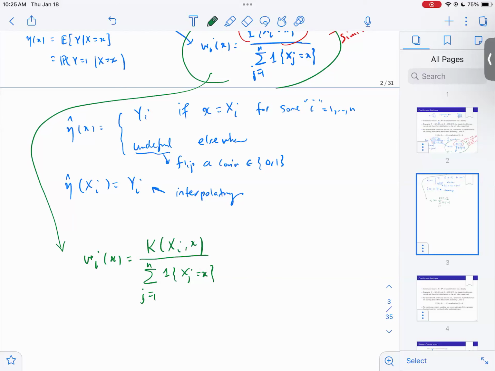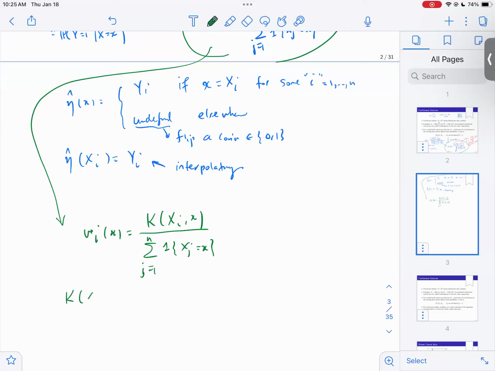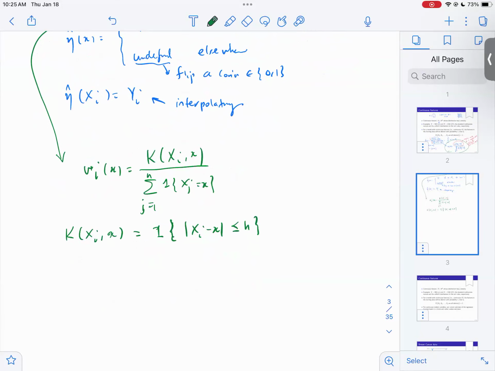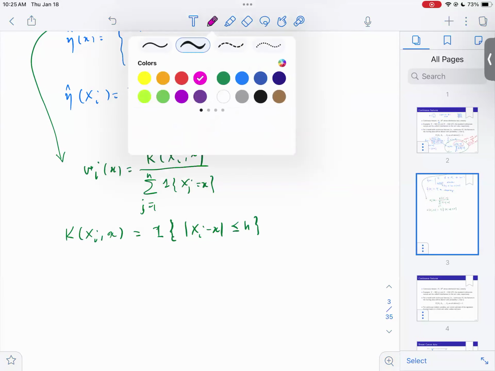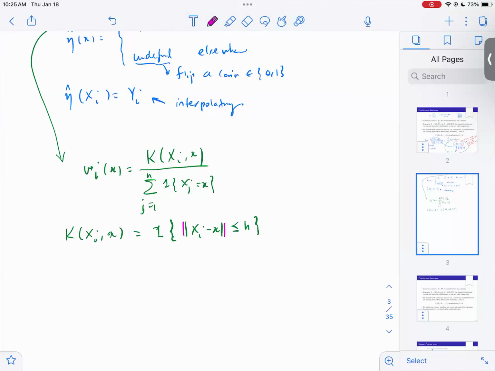The simplest case is perhaps to say that this is the indicator that xi minus x is less than or equal to h. That's the univariate case, but in the general case you put, for example, a norm here. So if the distance of xi to x is less than h, it is 1.